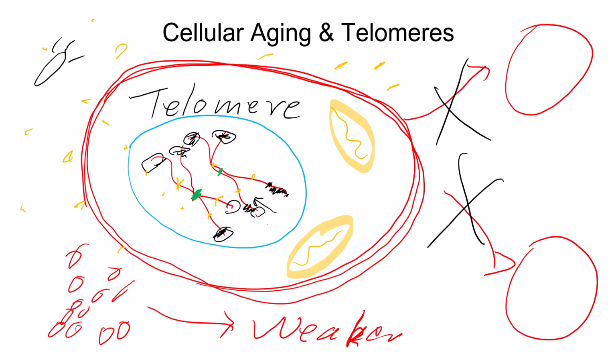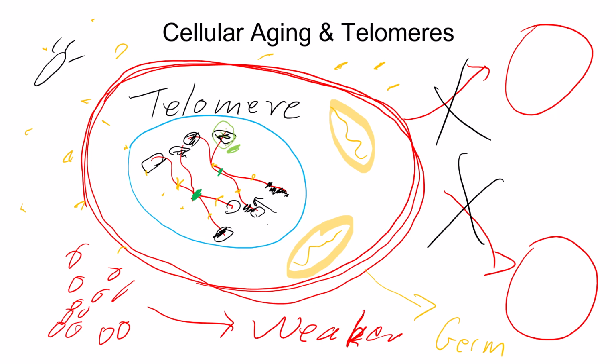So there are lots of things that happen over time that eventually cause cells to become weaker and to be less strong when you're older. But that's why your body has special cells called the germ cells, and they have a special enzyme that can help fix the telomeres.